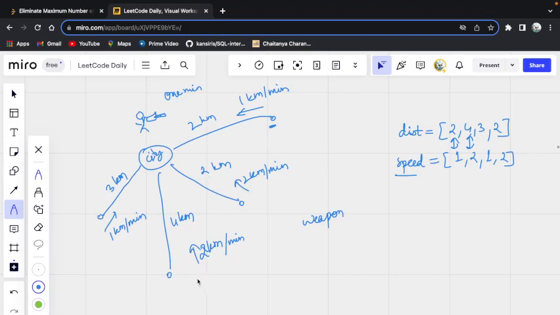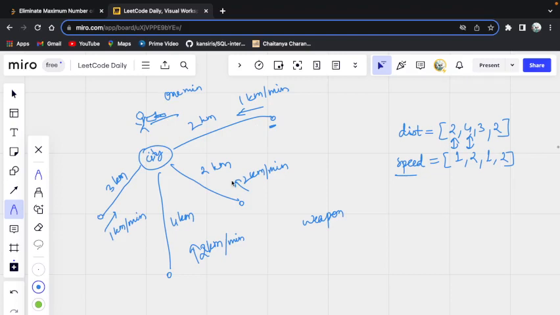What we need to tell is the maximum number of monsters that we can kill, or we can kill all monsters, but that depends on the particular input case given to us. So now let us see how we are going to solve this question. I hope the question is clear: you have a gun, you have some monsters, you are given their distances and speeds, and you need to tell the maximum number of monsters that you can kill.